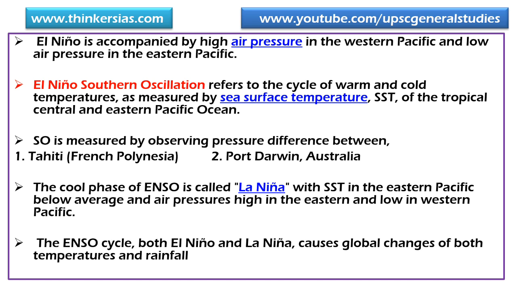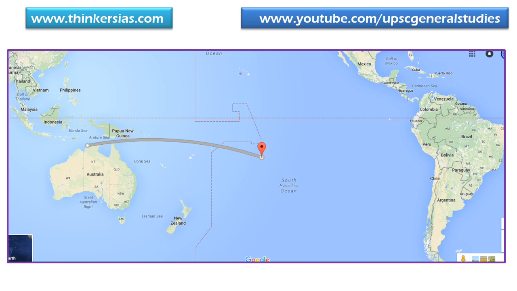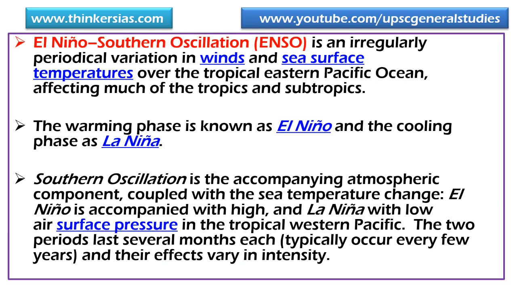El Nino Southern Oscillation cycles, both El Nino and La Nina, cause global changes of both temperature and rainfall. I repeat again, Southern Oscillation is accompanied by an atmospheric component coupled with sea surface temperature.